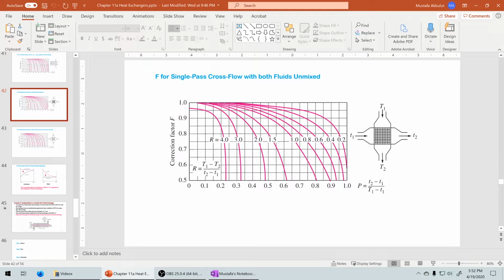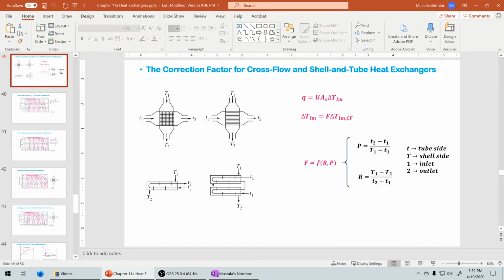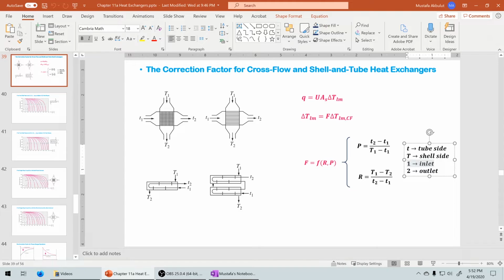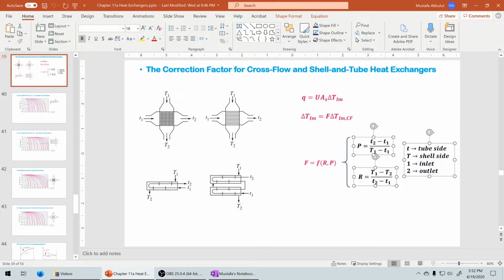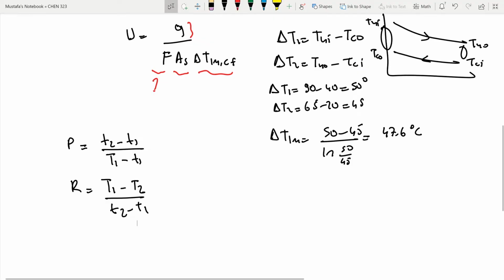Both are unmixed, right? So this is the graph that I need to use. I need to read T1 and T2. So again, I go back to my definition.